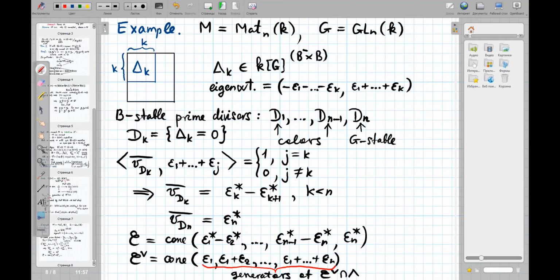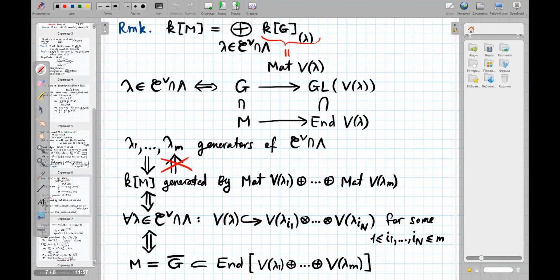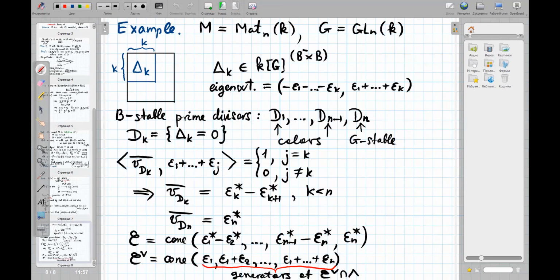So in this case, this cone is what is called strictly simplicial. It is generated by linearly independent lattice vectors, which also generate the semigroup of all lattice vectors in this cone. And by the remark which we made before, we can say that the coordinate algebra of M is generated by the set of matrix entries corresponding to the representations of GLN with these highest weights.